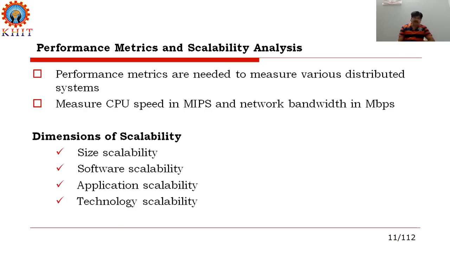For example, to measure CPU speed, we use MIPS, whereas the bandwidth or internet speed over a network is measured with Mbps, like 100 Mbps, 10 Mbps. So these are well-defined metrics for measuring performance over a period of time in scalability analysis.